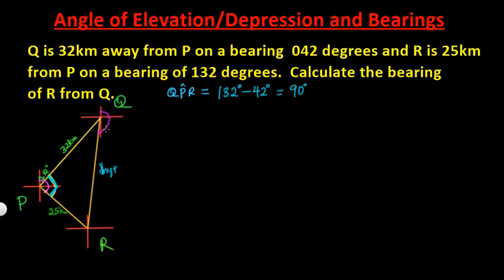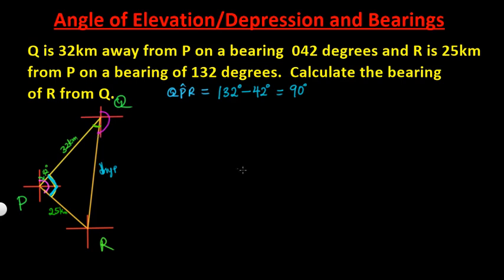So noticing this, it means this is 90. This is another 90, making it 180. 180 plus a small angle here. Recall that the whole of this is 42. The whole of this, that is from this point to the red here, is 42.